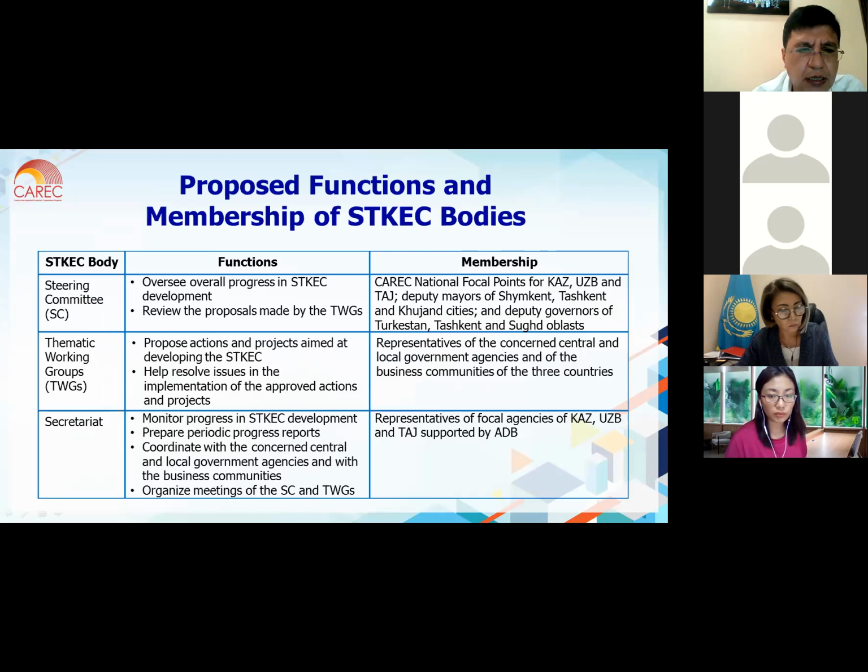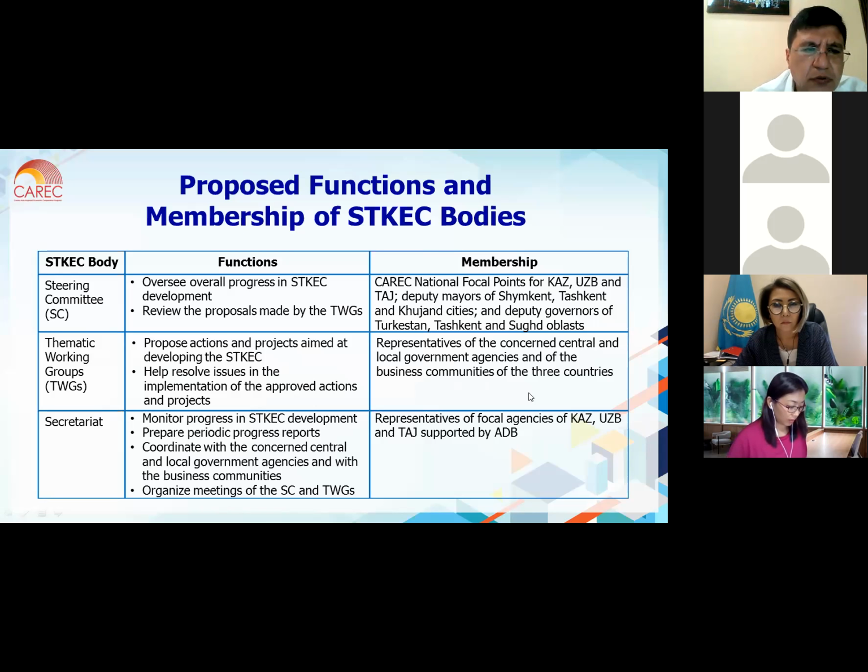The third body is the Secretariat that will be responsible for monitoring progress of the corridor development. They will prepare periodic reports, and they will also coordinate meetings of thematic working groups and the steering committee. The Secretariat will be supported by the Asian Development Bank.